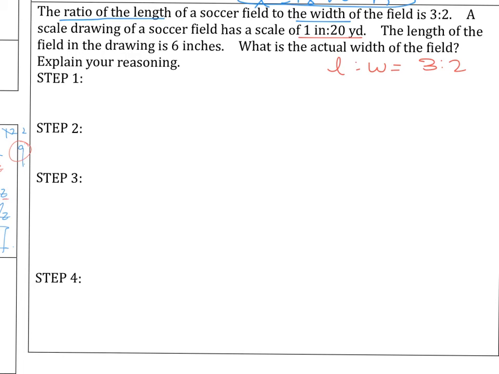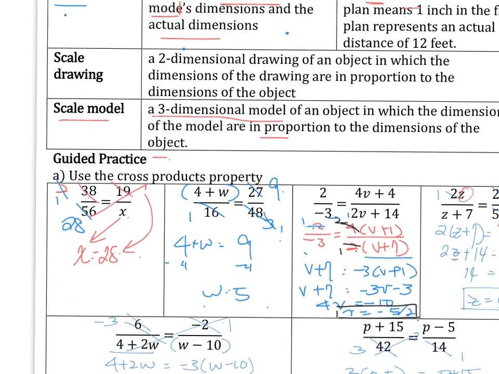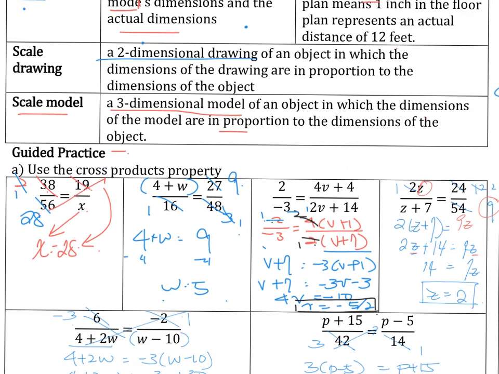I'm going to draw a picture to help me. So this is my scale drawing. Remember, a scale drawing is a two-dimensional drawing of an object in which the dimensions of the drawing are in proportion to the dimensions of the object.